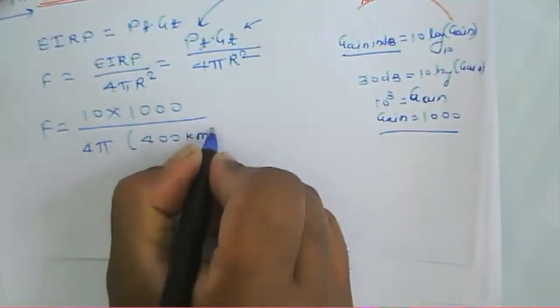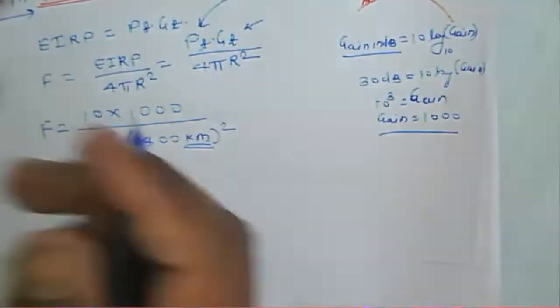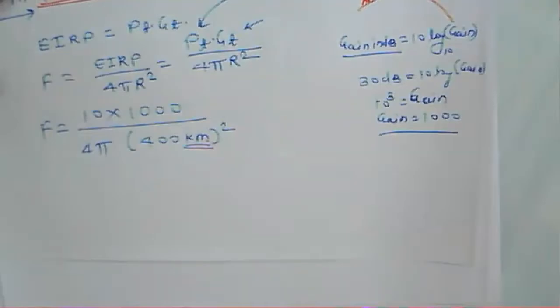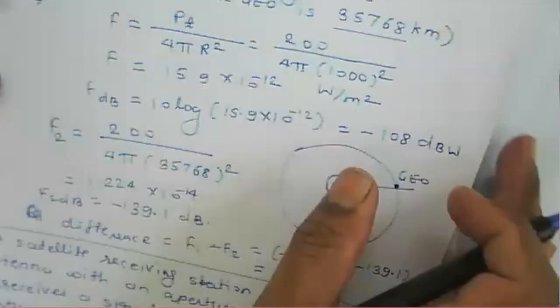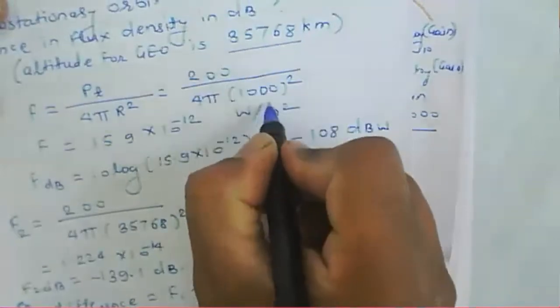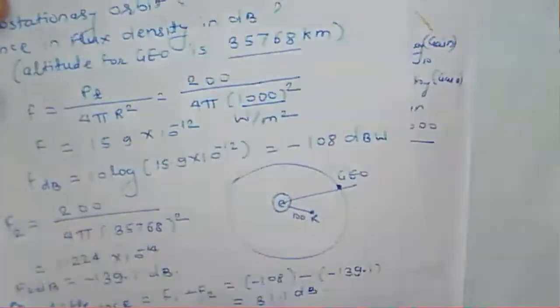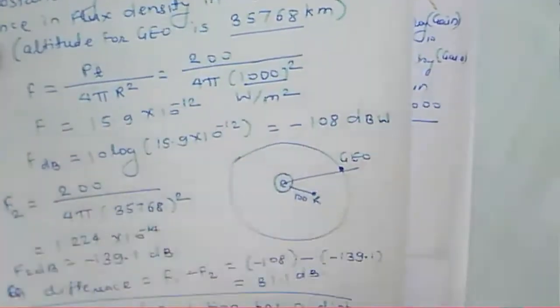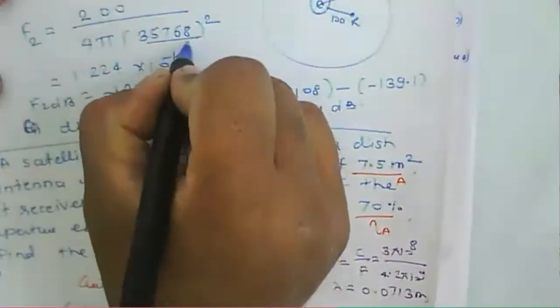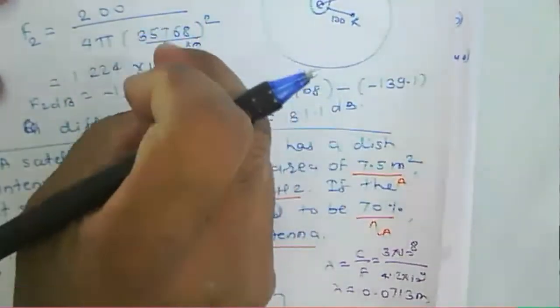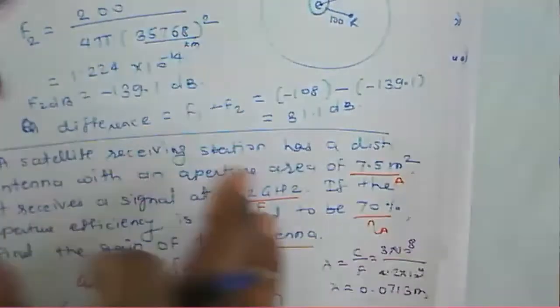You write down kilometer, because we need to consider it every time in kilometer. Sometimes I even forgot to write that it is in kilometer here. So kilometer means 10 to the power 3 again here. Okay, and then you solve it.